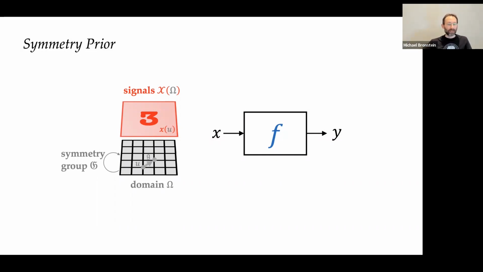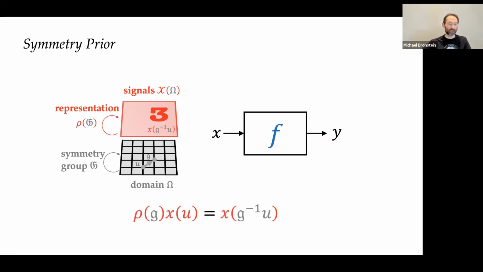Okay. And now in the space of signals, the action of the group on the underlying domain is manifested through what is called the group representation, which I denote by rho. So basically it's a function composition, right? And this representation, you can think again in this concrete example to make it more tangible, as a matrix of size d by d that acts on our d-dimensional vector, or on our image.